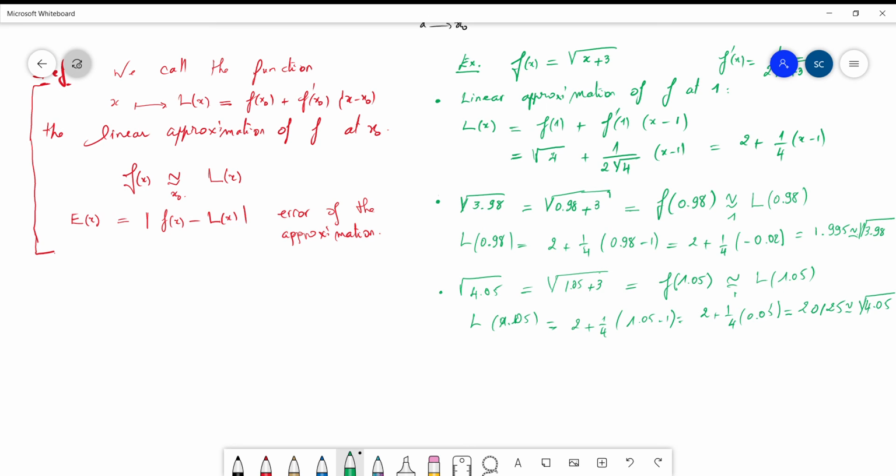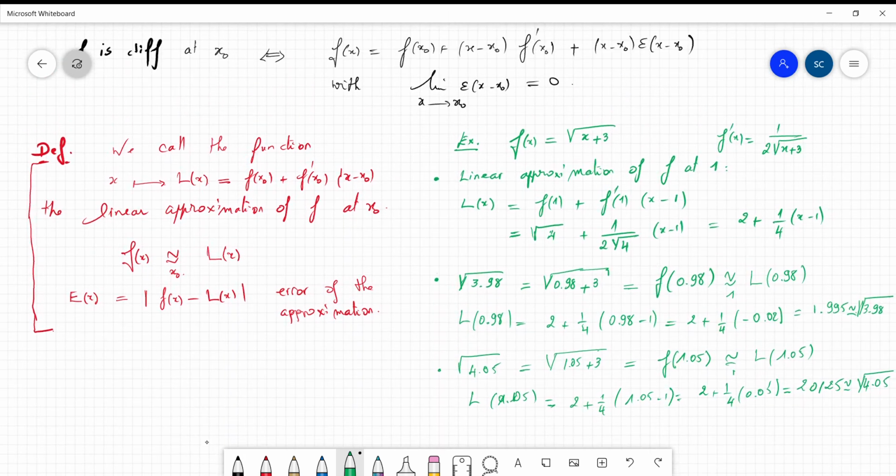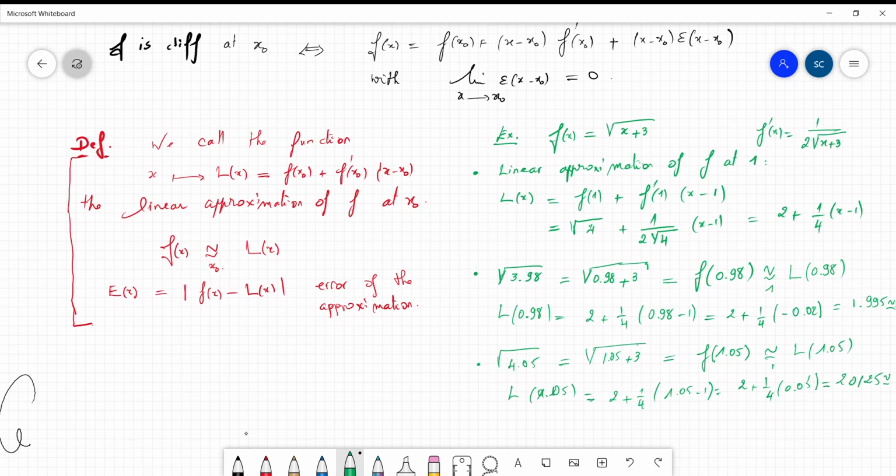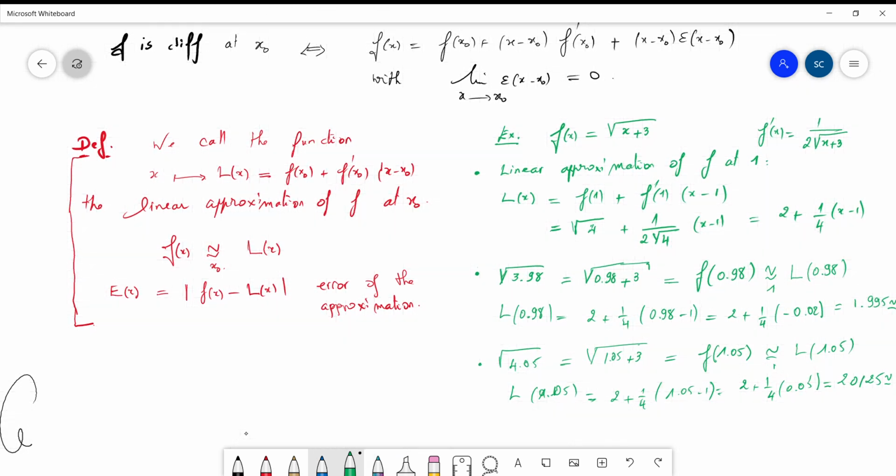Now, a last important remark. If you look at the graph of this function L, we know that it is the equation of the tangent line.